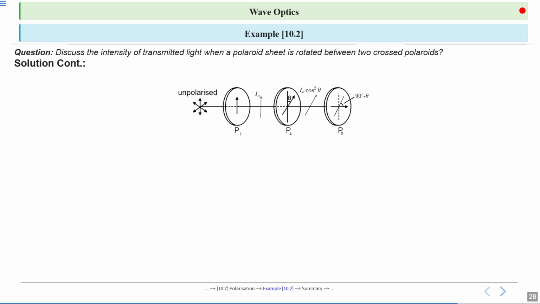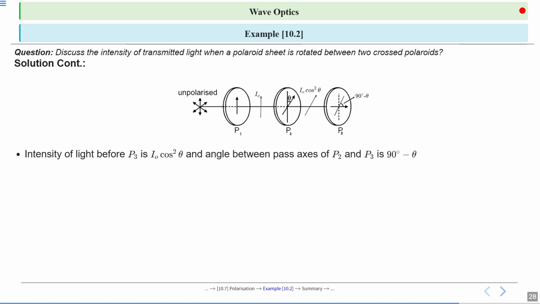So here we have an image again. Before the light reaches P3, its intensity is given by I naught multiplied by cos square theta. Now light is transmitted through P2 and is incident on P3, with intensity I naught cos square theta.